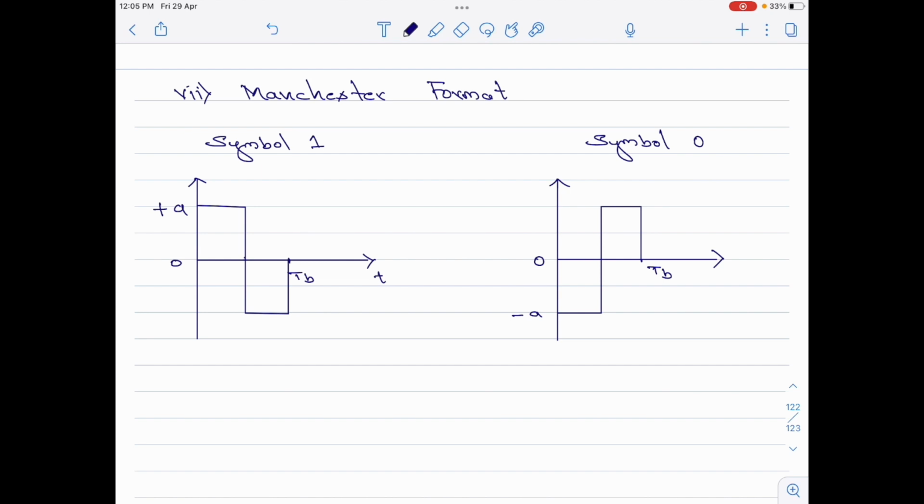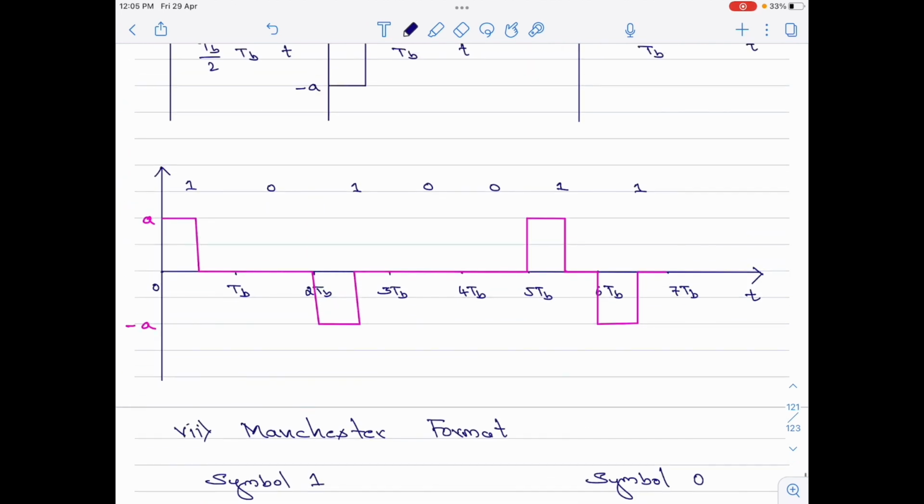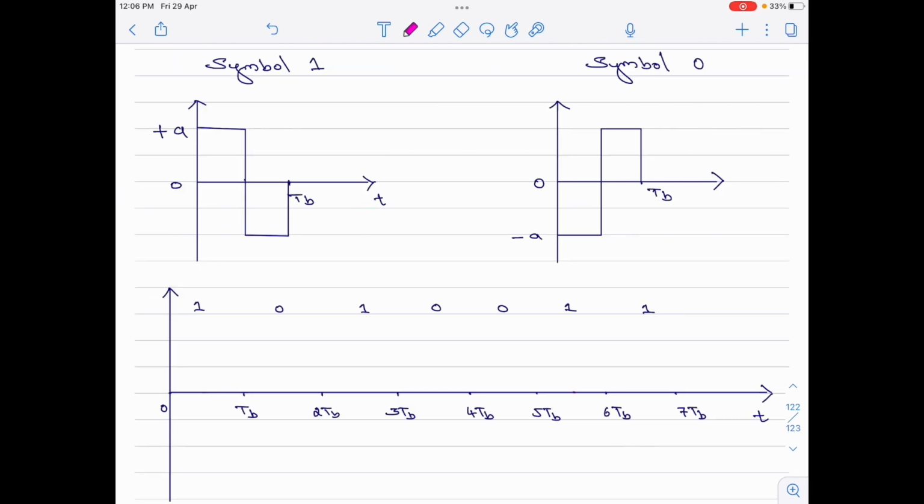The amplitude of this pulse is said to be minus A. Let me now plot the waveforms for the Manchester format. Right, the first bit here is a bit 1. Bit 1 is represented with a doublet pulse of amplitude plus A for the first half of the bit duration, and for the remaining half of the bit duration, we transmit a negative pulse.